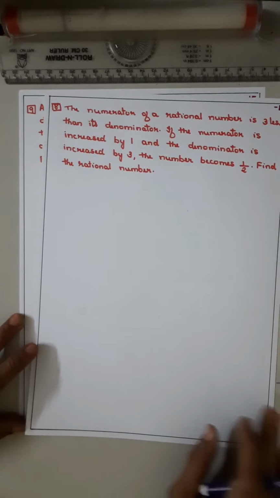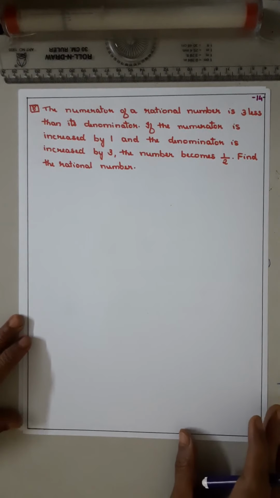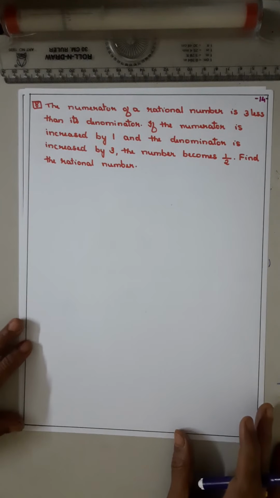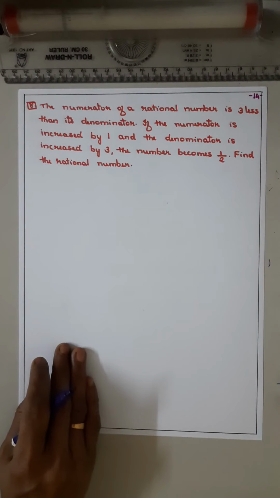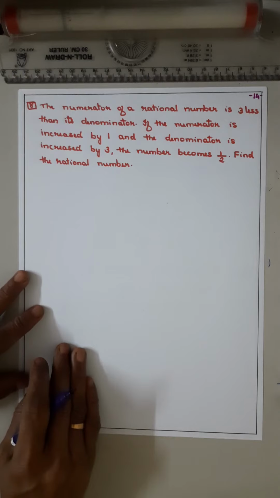Now coming to question number 8. It is a rational number sum. Hope you remember. The numerator of a rational number is 3 less than its denominator. It means denominator you have to take as x.